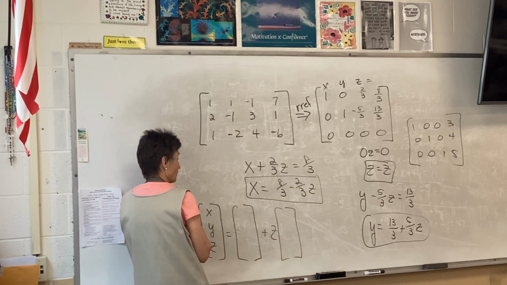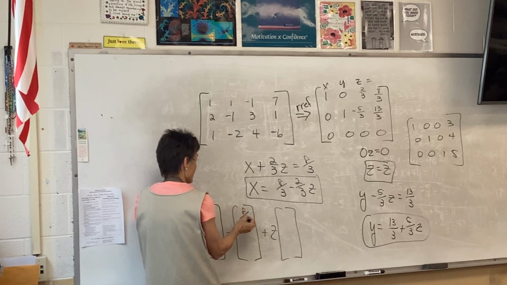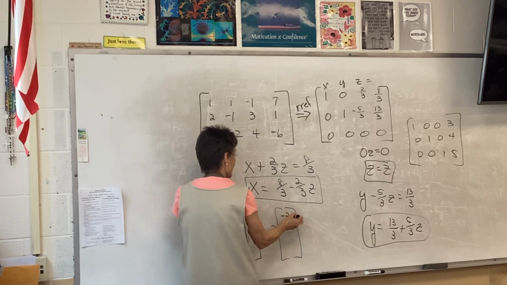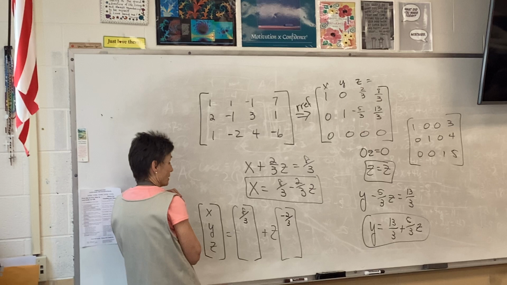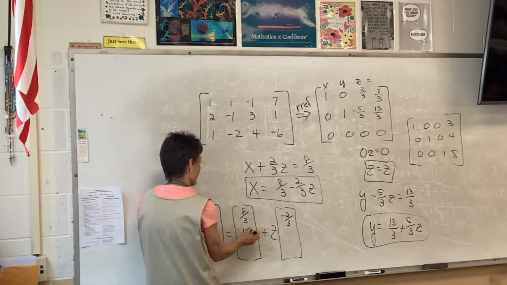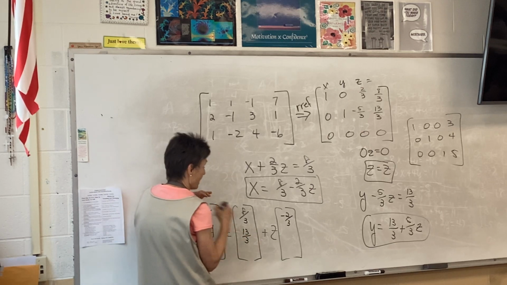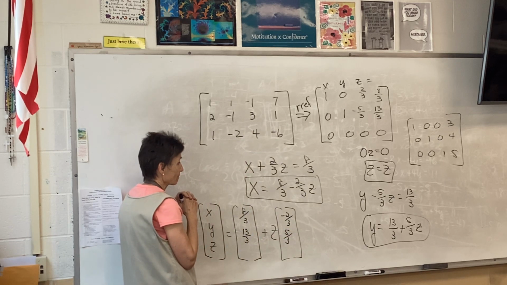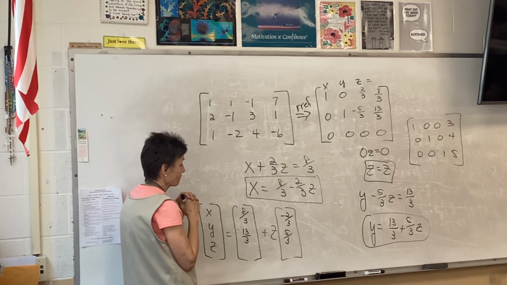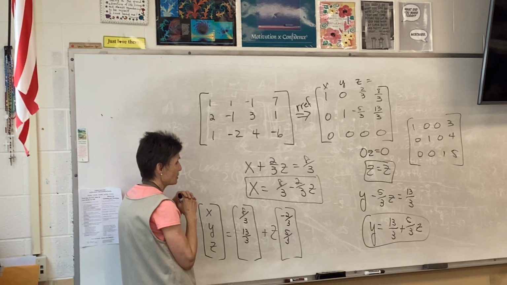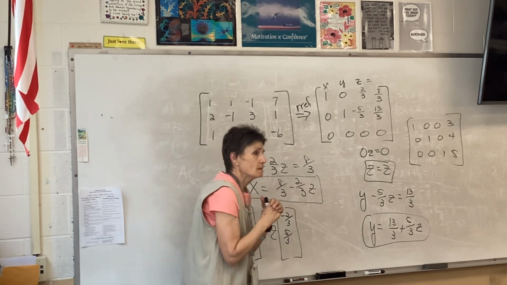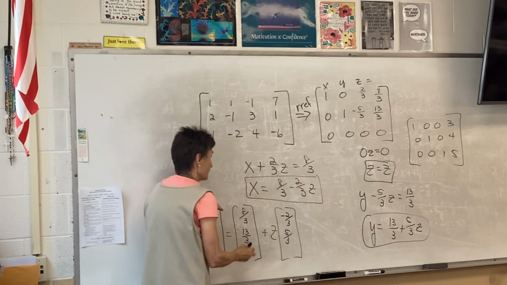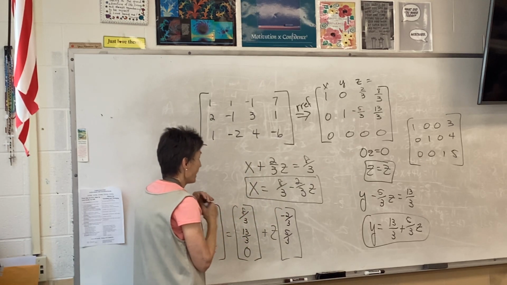So the regular number for x is 8/3, and the z is negative 2/3. For y, the regular number is 13/3, and the z is 5/3. For z, there's no number, at least not that we can see, it's a 0, and 1z.